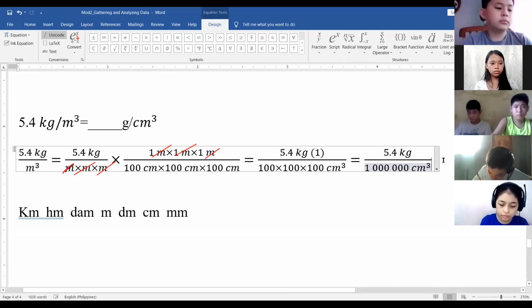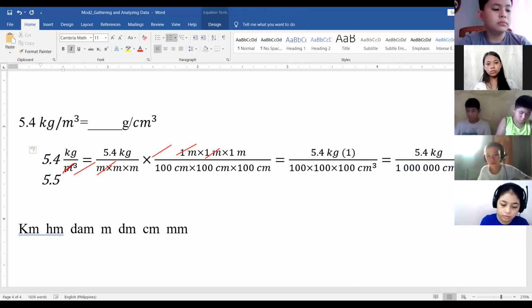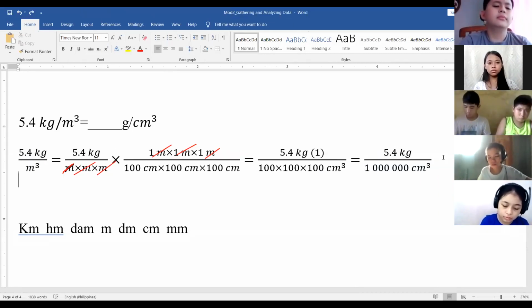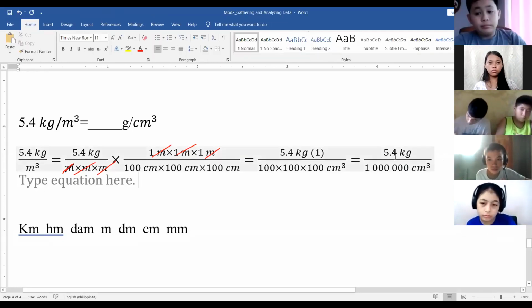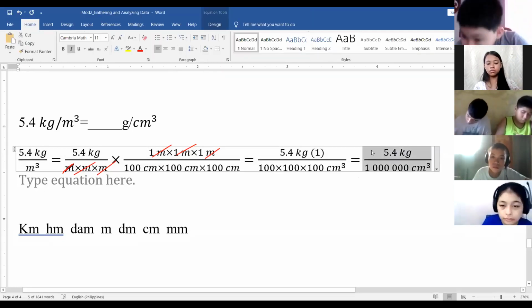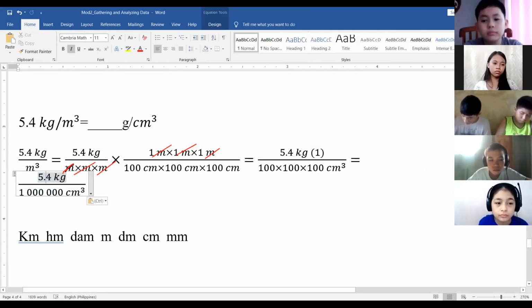Make sense? So we will divide it later on. We will just copy it here, class. So we have now this value which we are going to use for the next solution. So the target is grams. So this kilogram will be eliminated then. Okay?